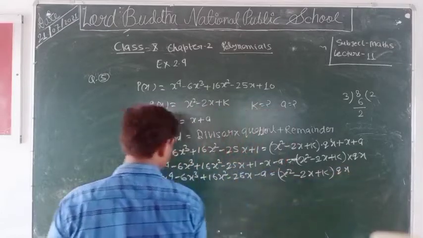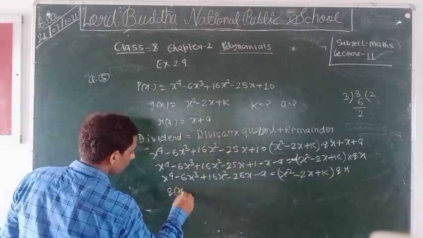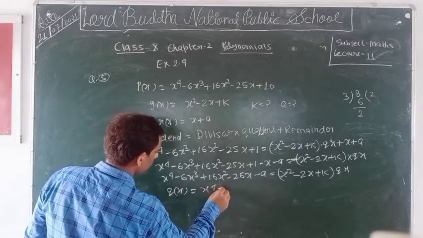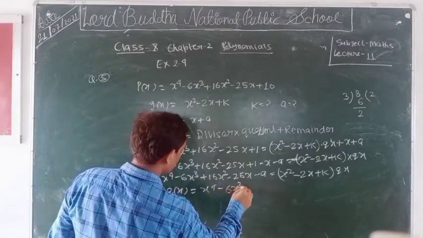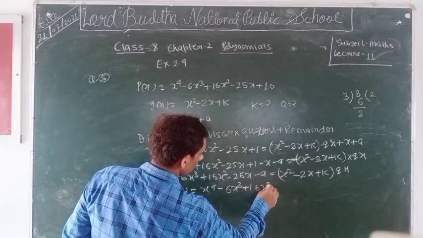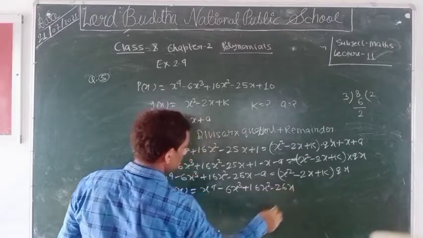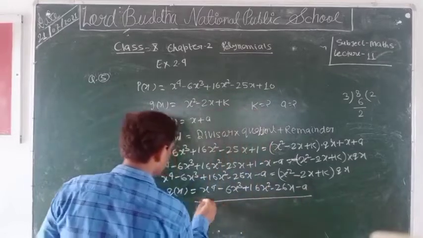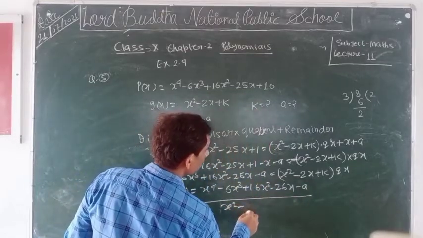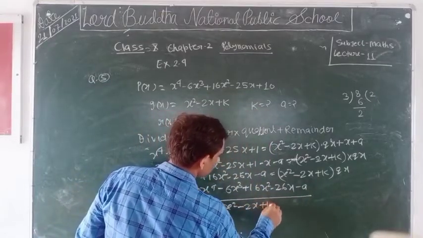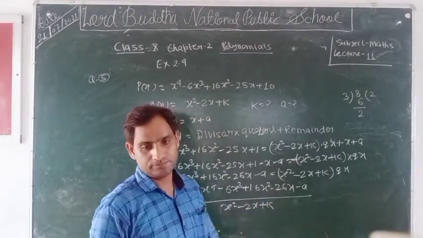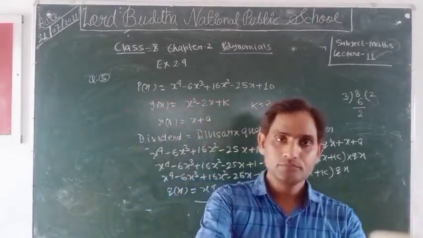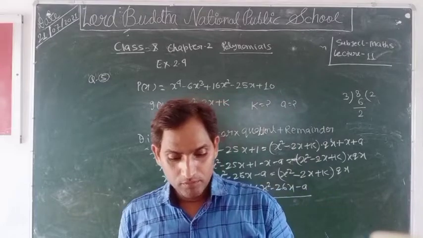Now q(x) equal to x power 4 minus 6x cube plus 16x square minus 26x minus a upon x square minus 2x plus k. Okay, we get this.